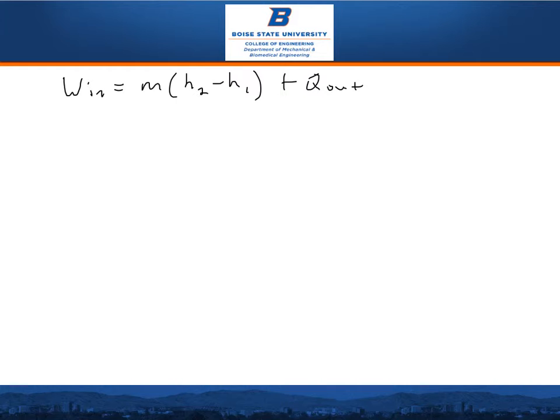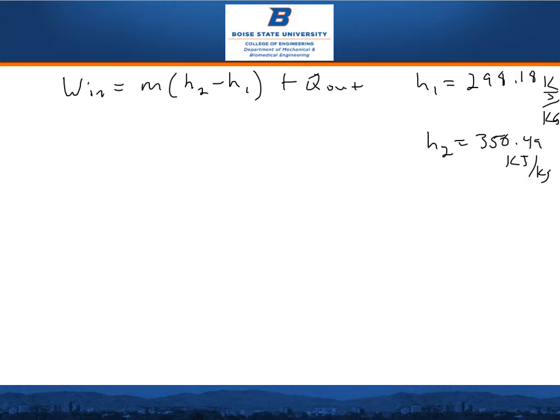Looking at table A17 for the first state of 298 degrees K, we can get our H1, which is equal to 298.18 kilojoules per kg. Sorry about that. And our H2 is 350.49 kJ per kilogram.